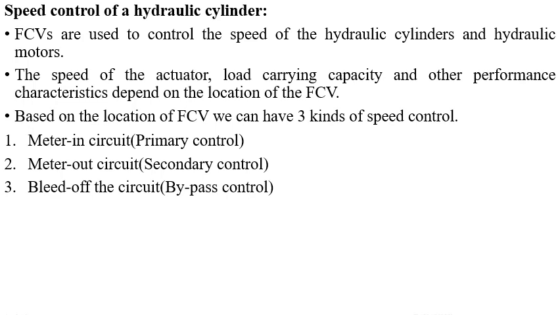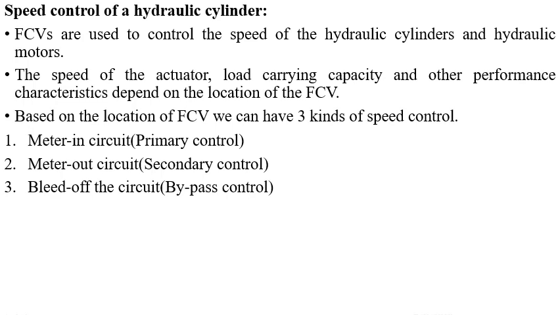The speed of the actuator, load carrying capacity and other performance characteristics depend on the location of the flow control valve. In which location can you provide the flow control valve, in the inlet line or the outlet line?